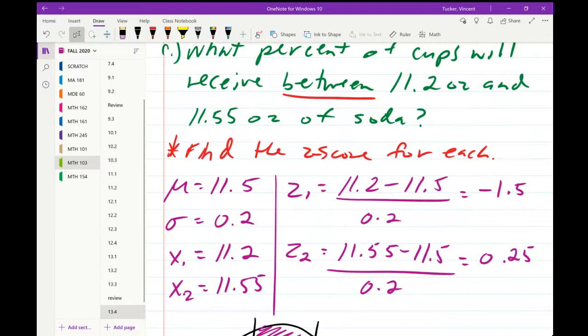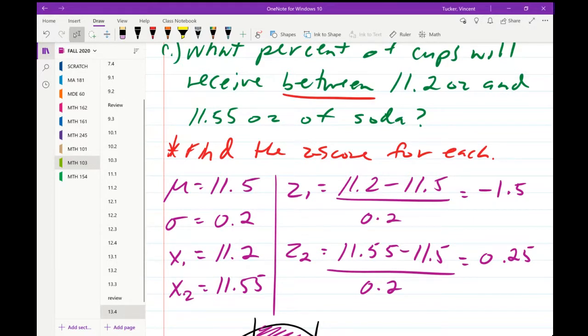The mean and standard deviation stay the same, but we call one value x1 and the other x2, and find the z-score of each individually. So the first z-score, for 11.2, is negative 1.5.